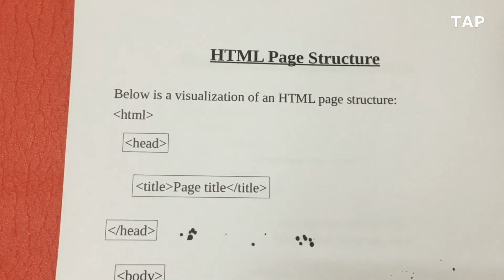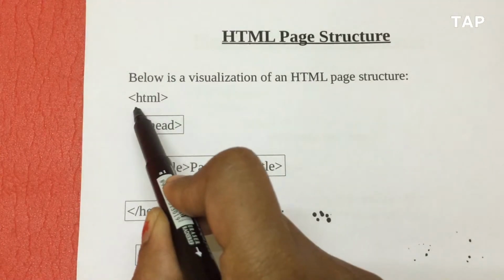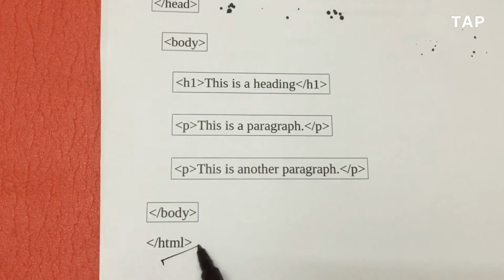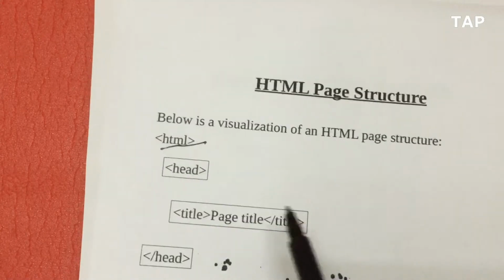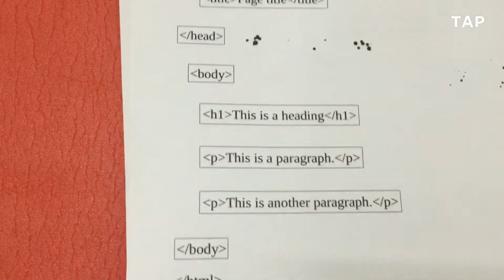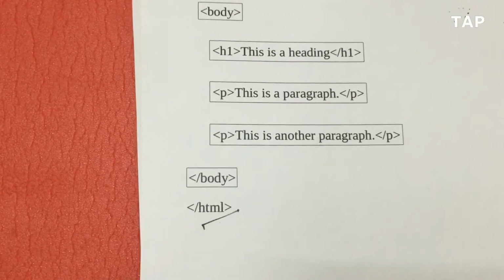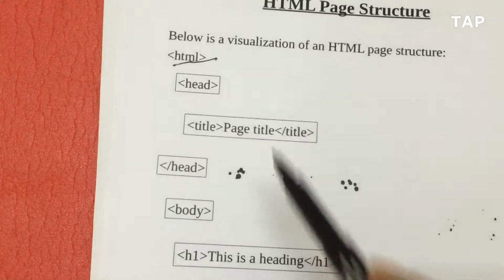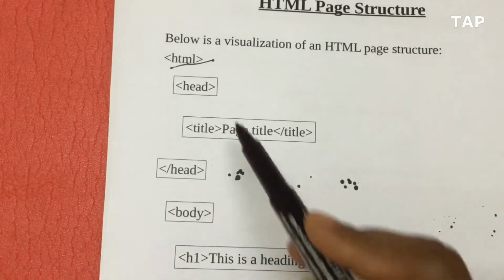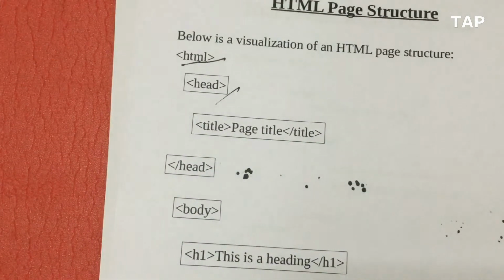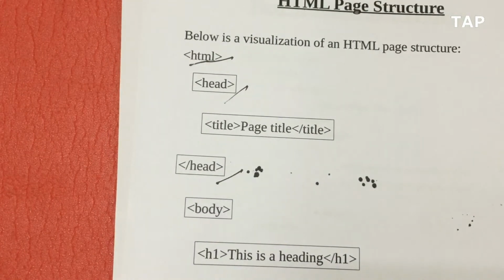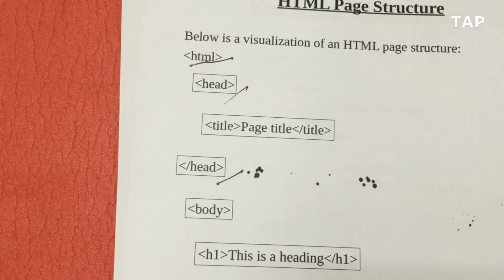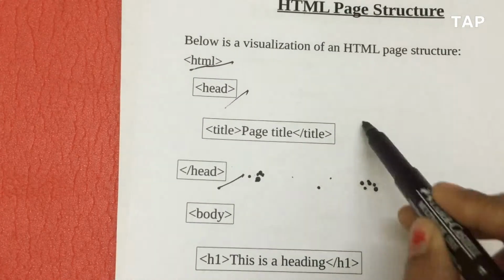Each HTML page starts with the html tag and ends with the closing html tag. You can say this is the entrance and this is the exit. Inside this html you have a head tag, and this is the closing of the head tag. Inside the head tag you can write your content.